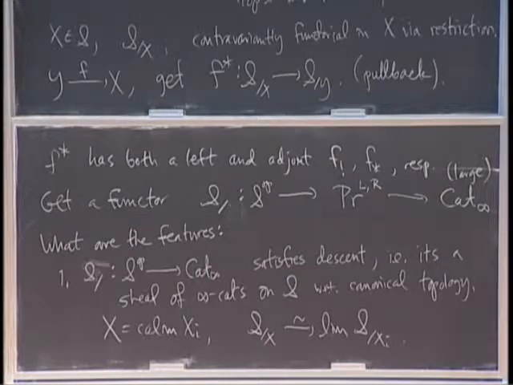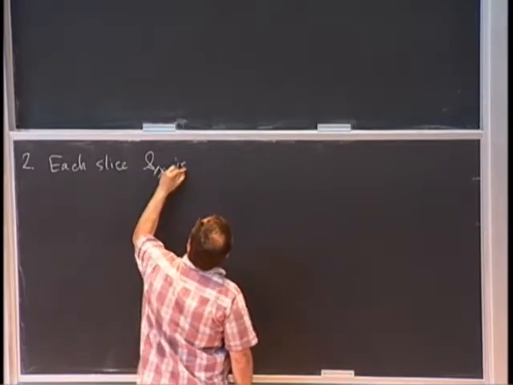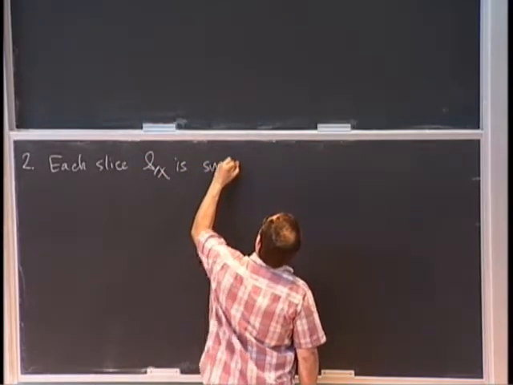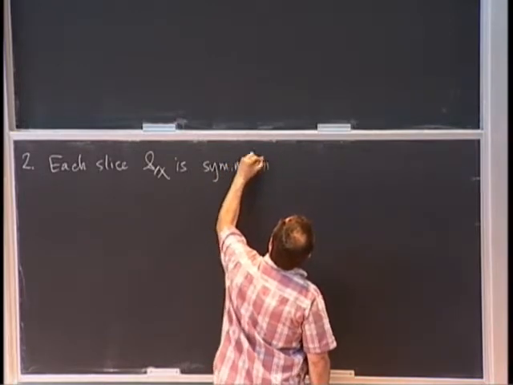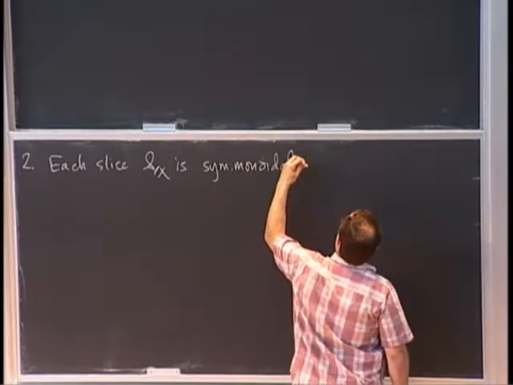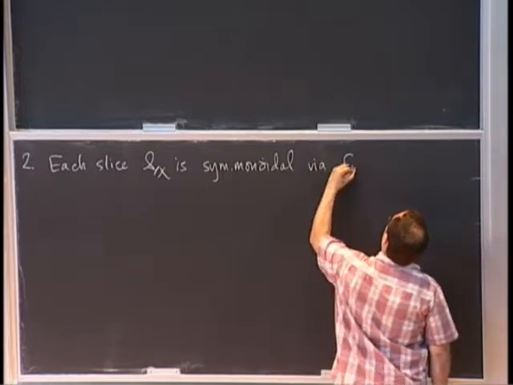So each of these slices is symmetric monoidal via the fibered product.